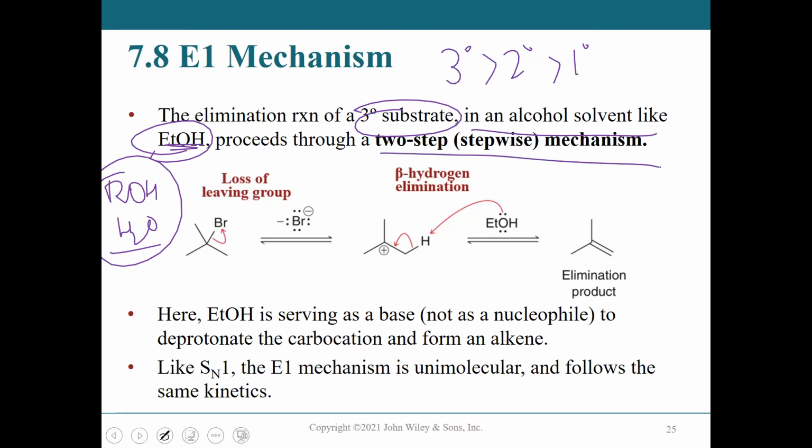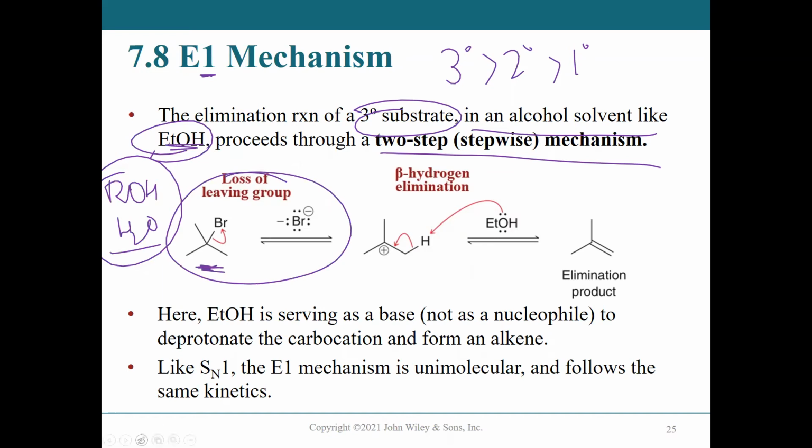It's a stepwise mechanism. The first step is very similar to the SN1 reaction. The most difficult step is the dissociation of the substrate: the leaving group leaves, generating a carbocation. That's why it's a unimolecular reaction, because the most difficult step only involves one molecule, which is the substrate.